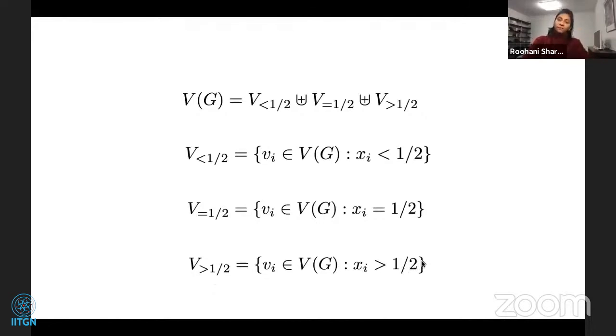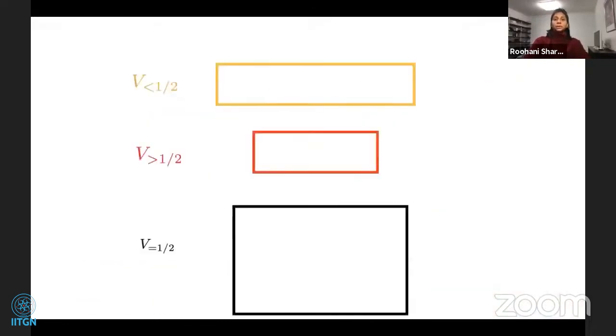Now we have these sets, and let us see what kind of structure we can infer about these sets, given that we know what kind of LP values the vertices of these sets take. So these are the 3 sets that we had.